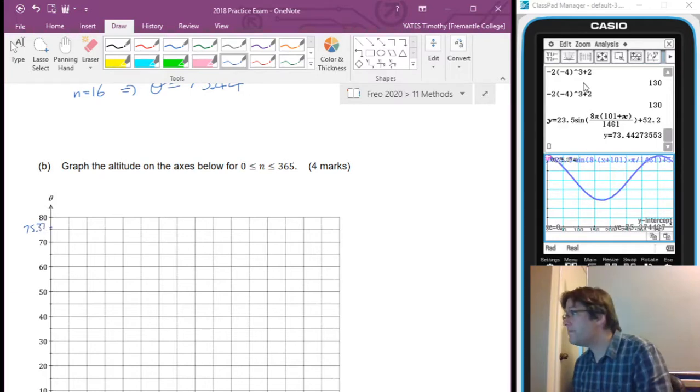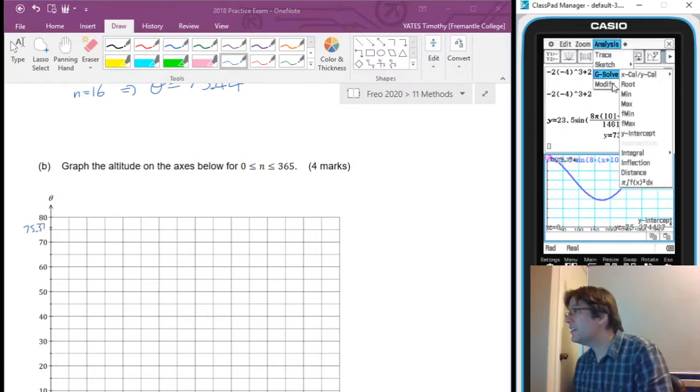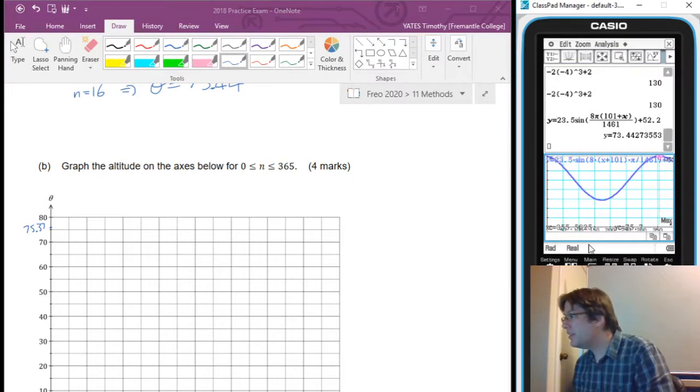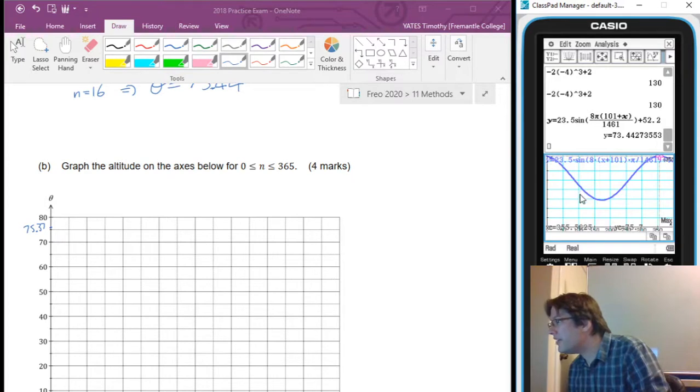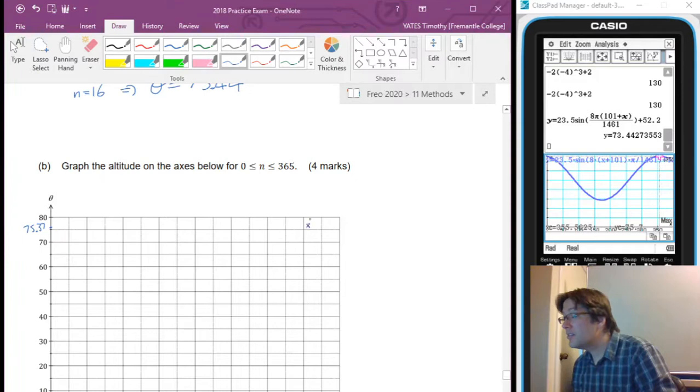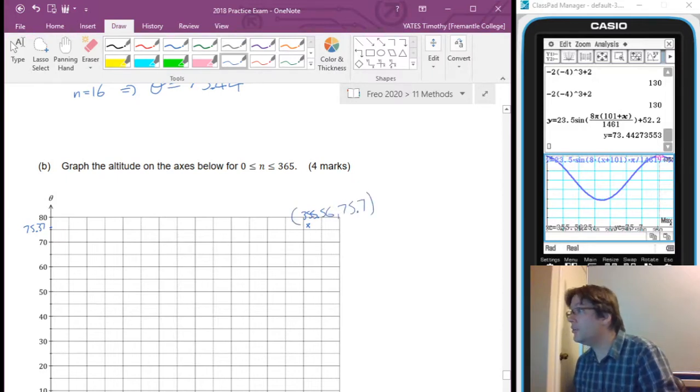That's where we are there. Let's see where the maximum is. We have a maximum at 355.56, 75.7. So those are our coordinates there.